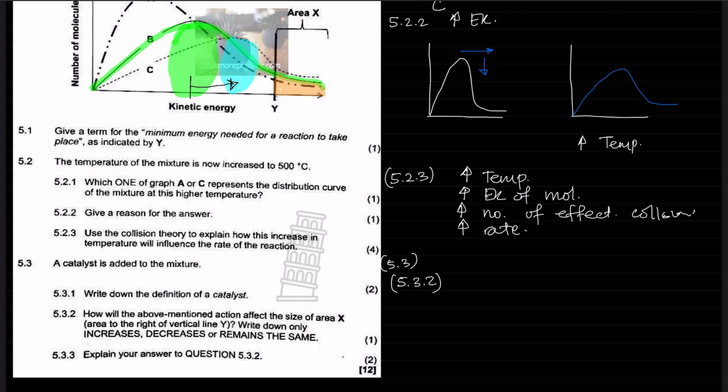So how does a catalyst affect our graph? If we use a catalyst, let's say this is my original graph. A catalyst doesn't affect the shape of the graph. Rather, a catalyst decreases the activation energy. So the activation energy line would move to the left. So this is the activation energy with a catalyst.